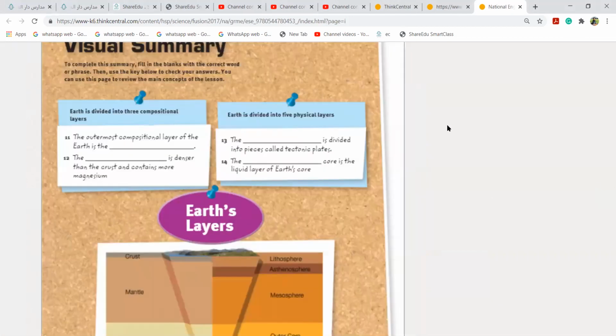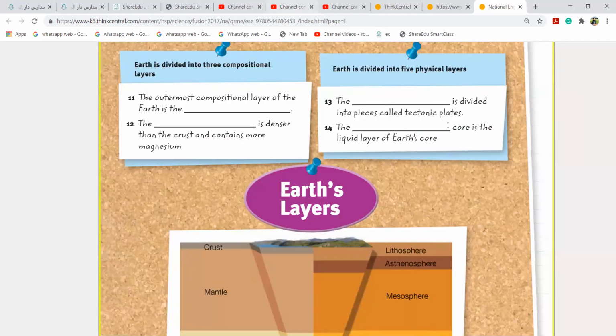Now the final part. The outermost compositional layer of the Earth, what is the outermost layer? We start with the lithosphere, very good. Next, the dash is denser than the crust.